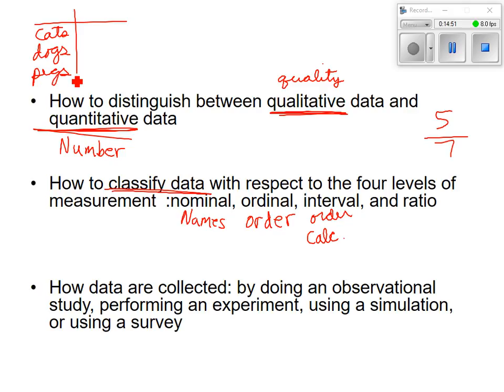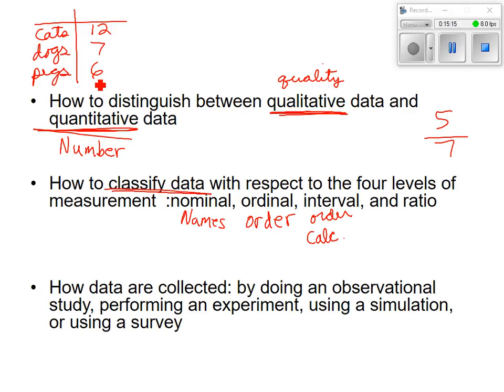Cats is 12, dogs is 7, pigs is 6. We can actually compare these and say, what do we notice about cats compared to pigs? It's twice as much. All right, so that's what a ratio is.